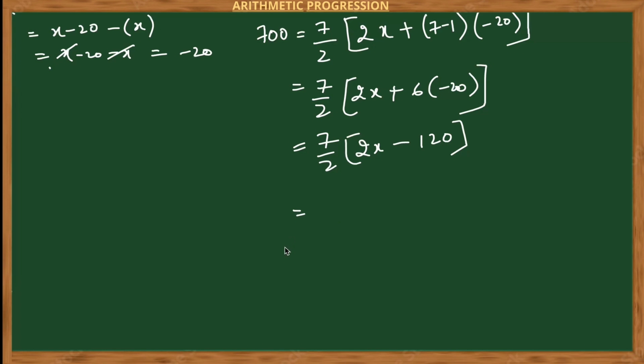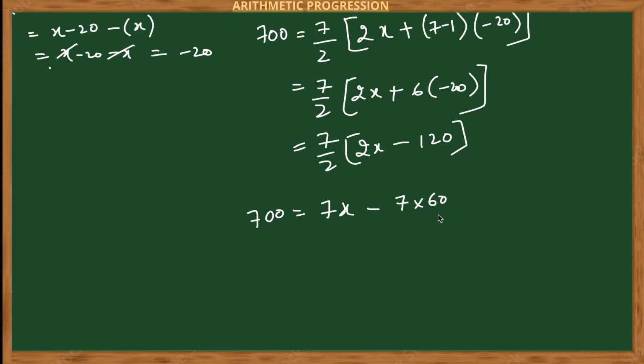So there is a 2 here, so if you multiply 7 by 2 with this, it becomes 7x minus 7 multiplied by 60. So we have the value here, 700.